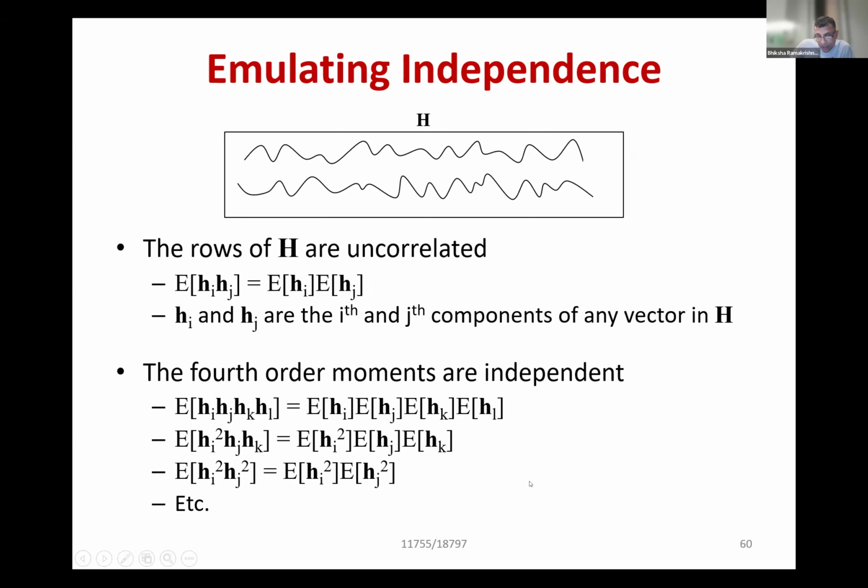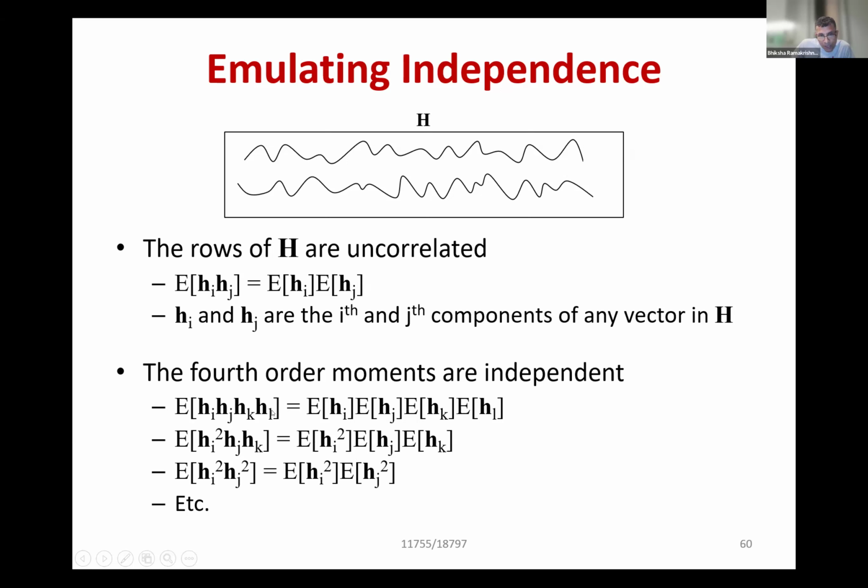Do you understand what I mean by making the fourth order moments independent? Basically, if I take any term which multiplies 4 terms, and I take its expectation, that's going to decompose into the expectations of the individual components. And there are many different ways of coming up with a product of 4 values.